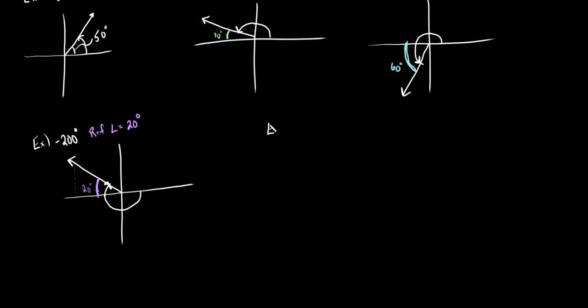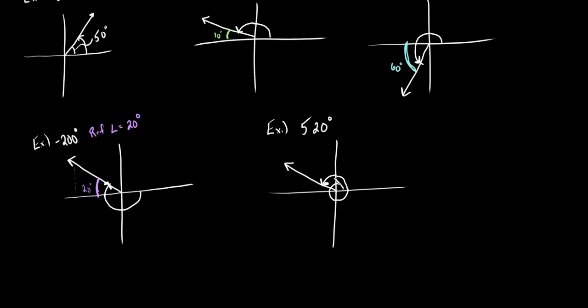Let's take a look at just one more, something bigger: 520 degrees. That's going to be more than one rotation, but that's okay. I would go 90, 180, 270, 360, 450, and now I have to go another 70, so I'm going to be right around here.